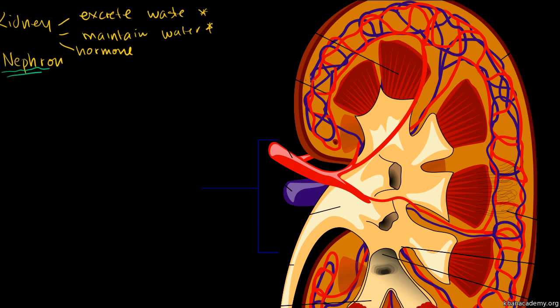This area right here, from here to here, this is called the renal cortex. Whenever we talk about something with the kidney, if you hear renal anything, that's actually referring to the kidney. So this right here is the renal cortex, that outer part right there. And then this area right here, this is the renal medulla.